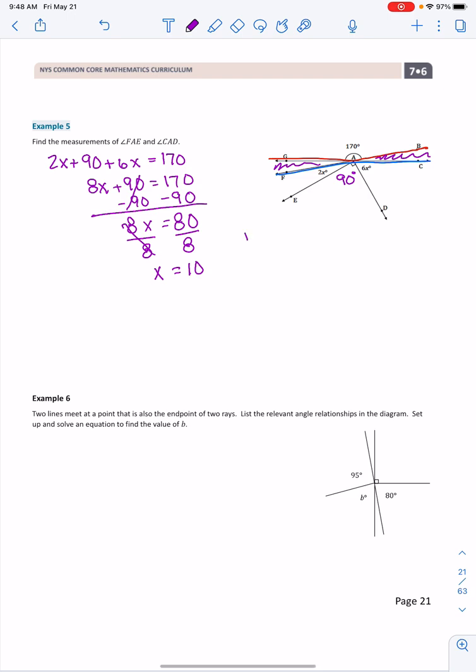Well, the measurement of FAE, which is 2x, equals 2 times 10, which is 20 degrees. The measurement of CAD is 6x, or 6 times 10, which is 60 degrees.